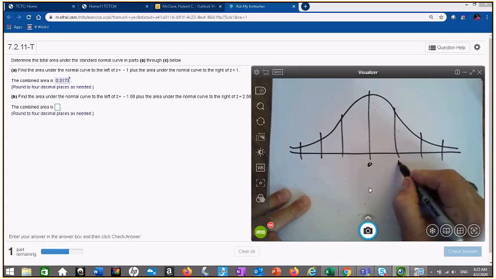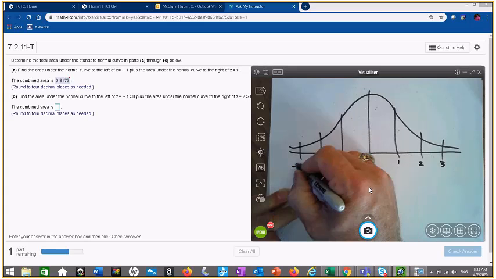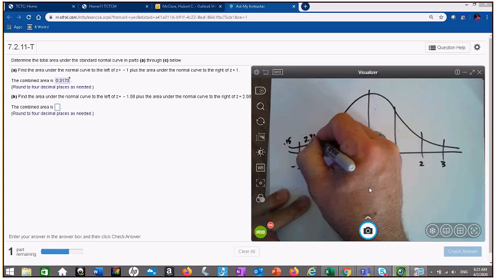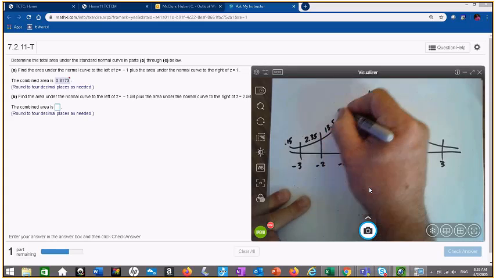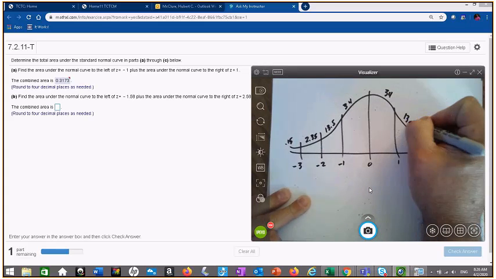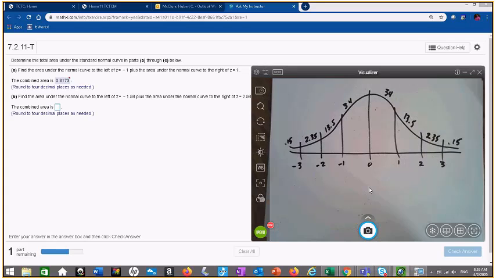Zero, 1, 2, 3, -1, -2, -3, 0.15, 2.35, 13.5, 34, 34, 13.5, 2.35, and 0.15. That's what you should have copied on all your notes, should look like that. And then you could add your mu if you need to.